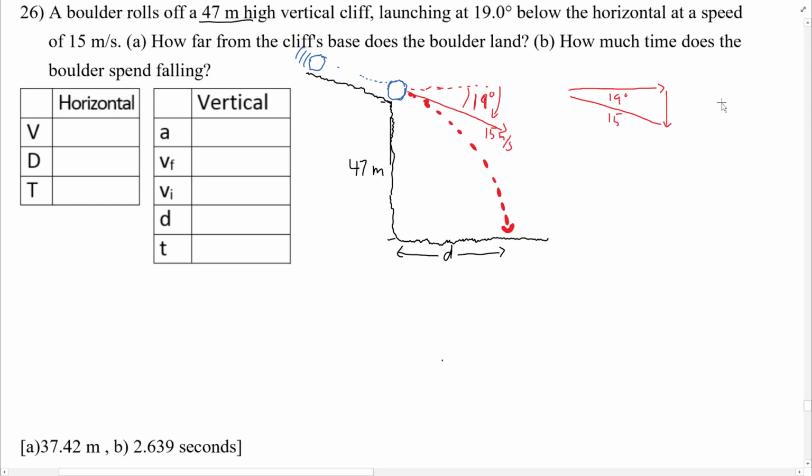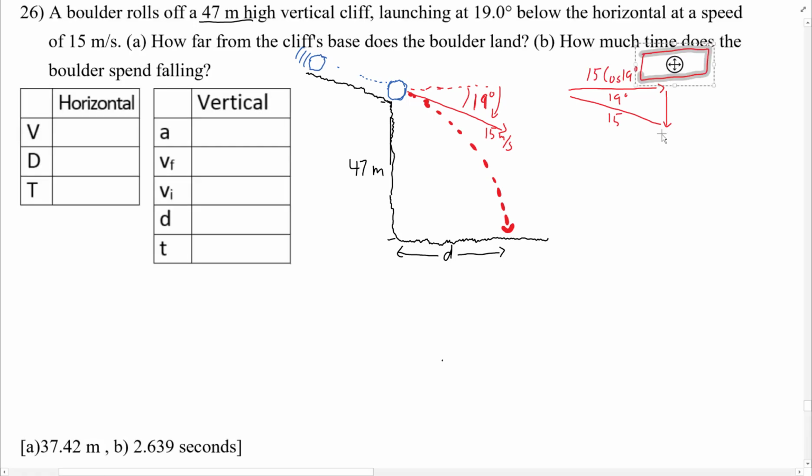It's being launched at 19 degrees below the horizontal, so we draw our triangle as I've drawn here. 15 meters per second is the hypotenuse. It's down at 19 degrees below the horizontal. So we have a horizontal component and a vertical component. But the vertical component is down. That's unique. This is what's new about this one. Usually projectiles are launched up. This is launched in a downward direction.